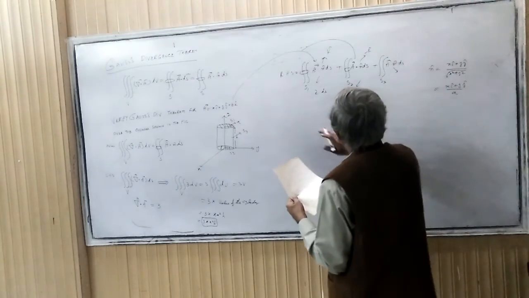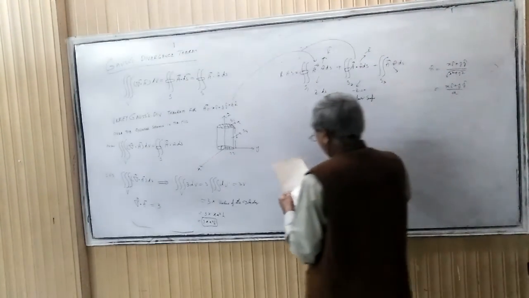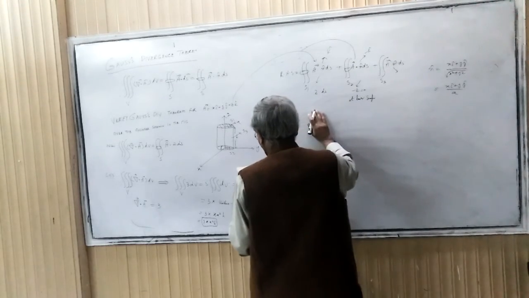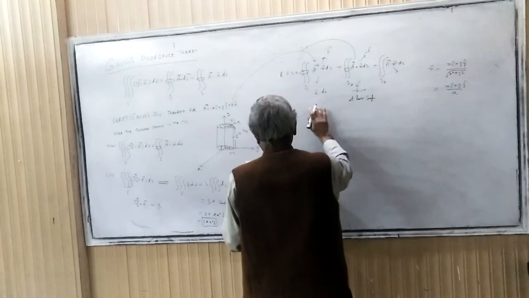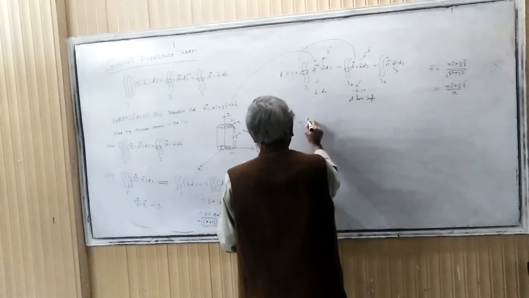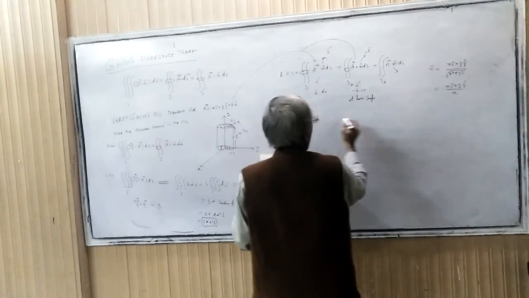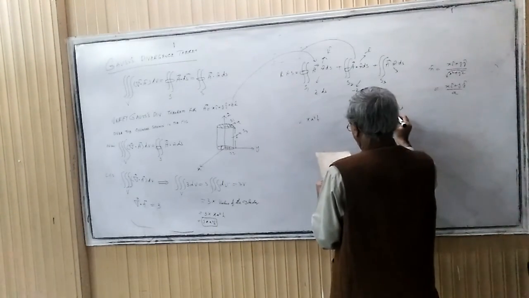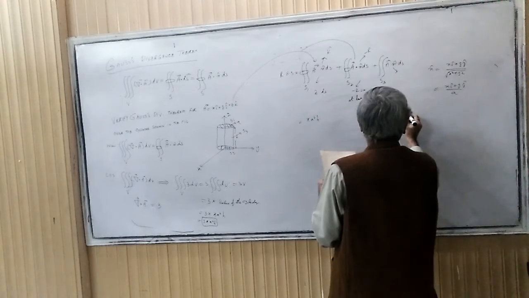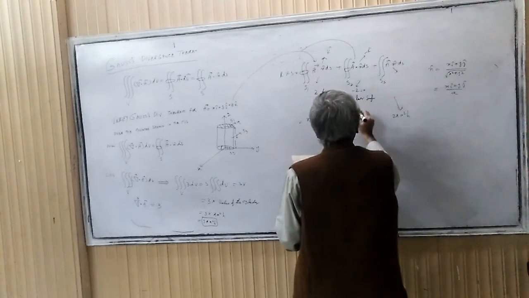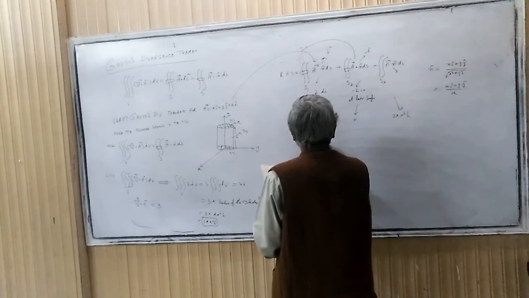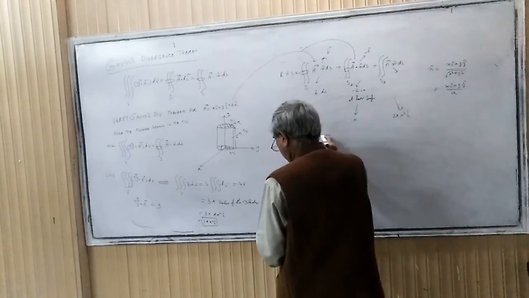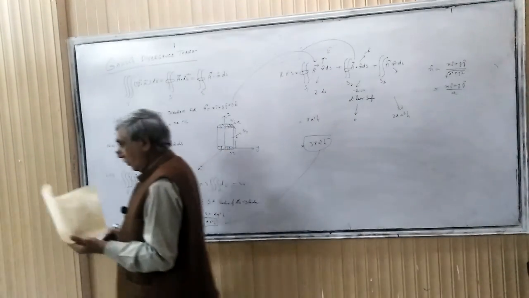So calculate this and you will see the answer from this part is equal to pi a square h. The answer from this part will be equal to 2 pi a square h, and the answer from this part is 0, and if you add these you will have 3 pi a square h, which is the same as this one.